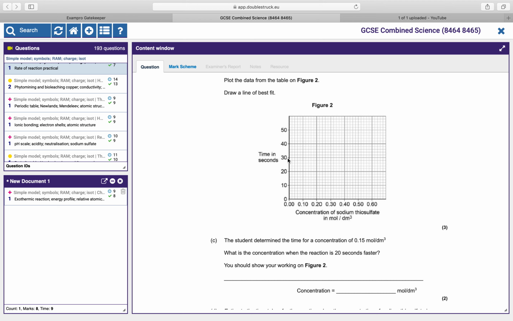Now when it says 20 seconds faster, and I got this confused as well, you've got to be really, really careful, because it doesn't say 20 seconds more. 20 seconds faster, that means you're coming down there. Now, this is a master of a sneaky question. So you're going across there, and then you're going to hit the line, which will be coming down there, and then you're going to take it down.